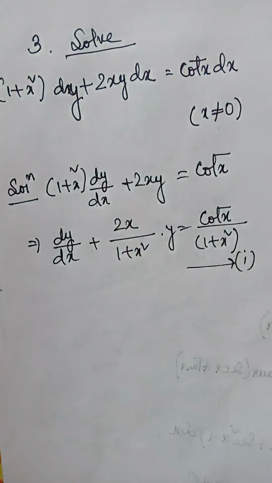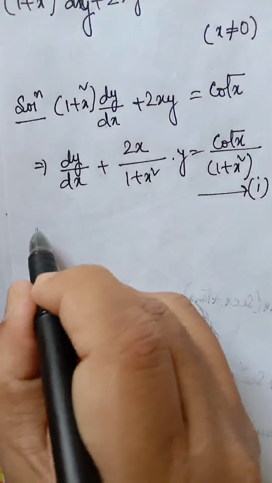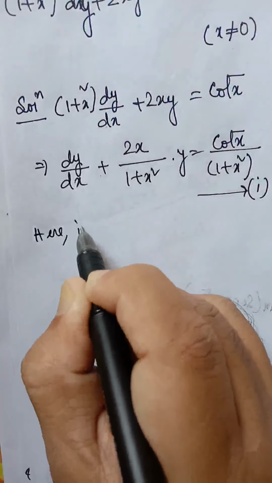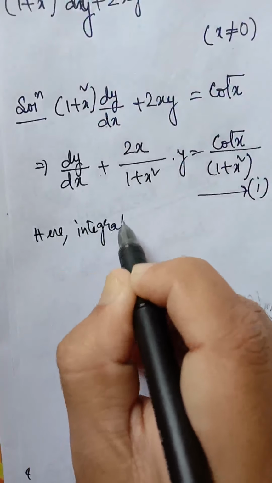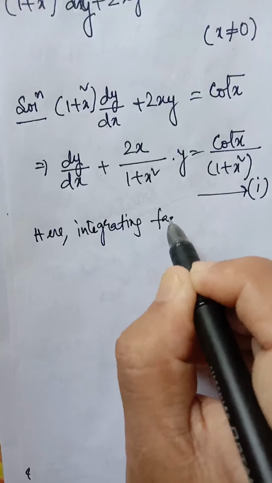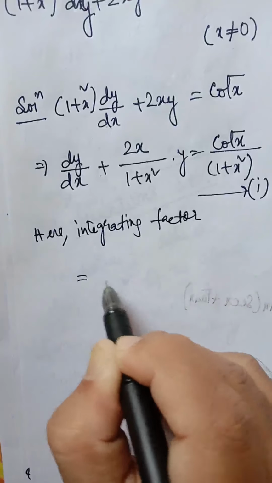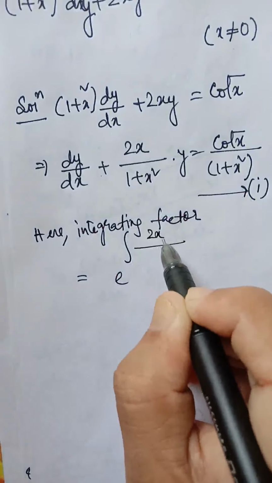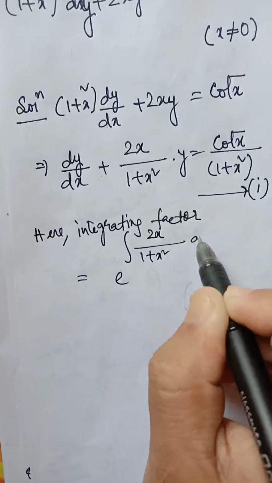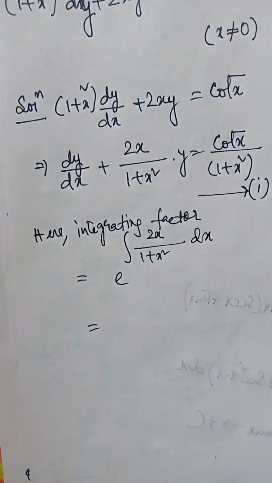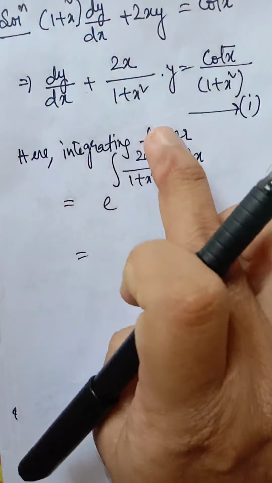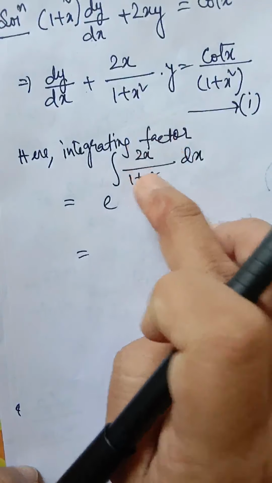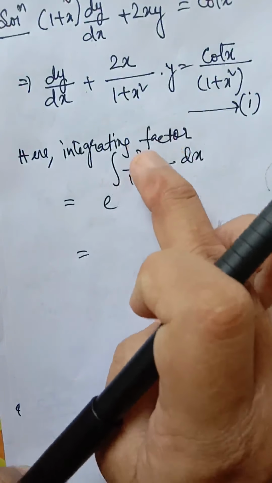Now we have to find the integrating factor. So here the integrating factor is equal to e to the power integration of P dx. Now we have to integrate this 2x by (1 plus x square), and this is of the form f dash x by f x. 1 plus x square, its derivative is 2x.